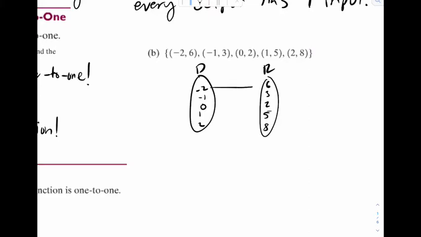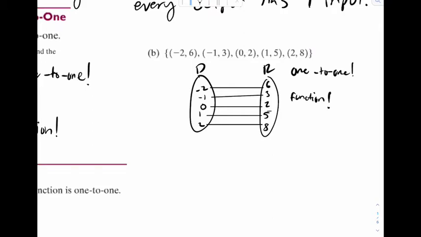And let's map it. -2 goes there. -1 goes there. 0, 1, and 2. So this would be considered one-to-one. And also notice this is definitely a function as well. So all the things we'll be dealing with today will be functions, we're just wondering if they're one-to-one. And we can see again this nice one-to-one pairing here.